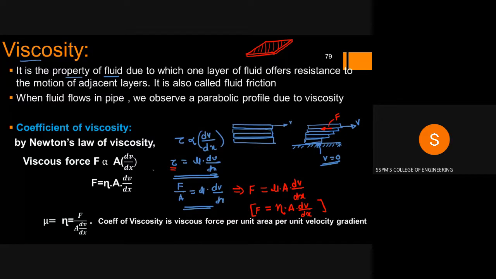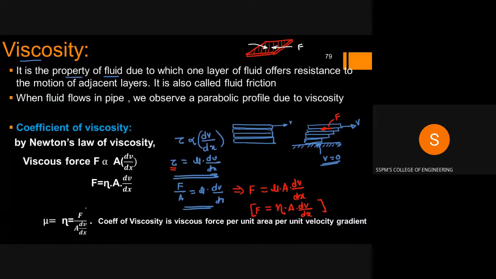This force will act on this area like this, which is the tangent. So we write F upon A for the shear stress tau, where A is nothing but this area, the area of the layer.